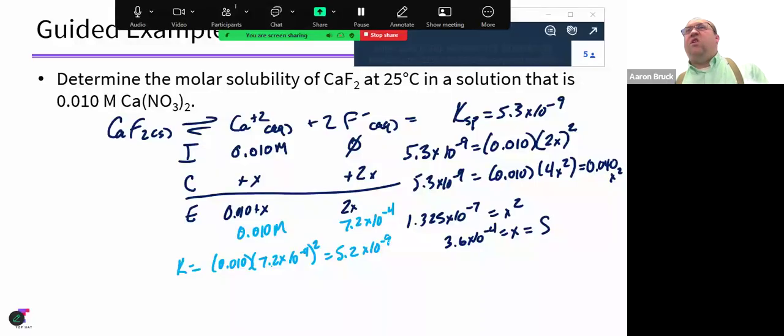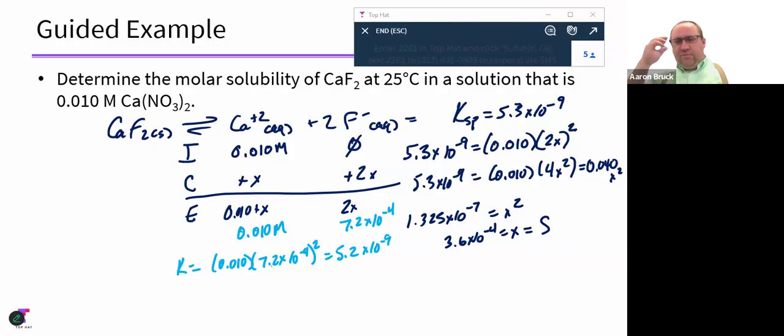I would get 5.2 times 10 to the negative 9th. And that is close enough. Again, we're only off on the last significant figure. We're not off by a lot. That's a reasonable assumption to make. And again, just comparing the values, 0.01 versus 0.00036, it doesn't appear that the concentration of the calcium was going to change much.